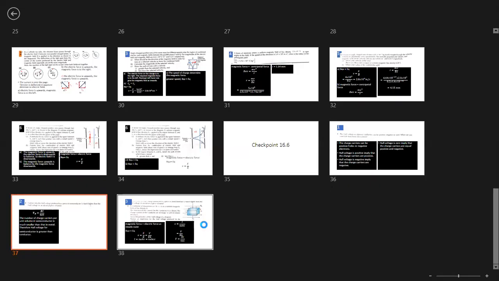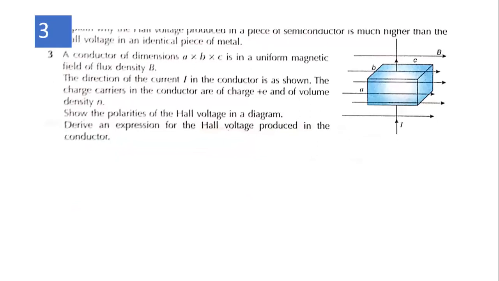Let's do one more. This one. A conductor of dimension a, b, c is in a uniform magnetic field of density B. That's your B. The direction of the current is going up.